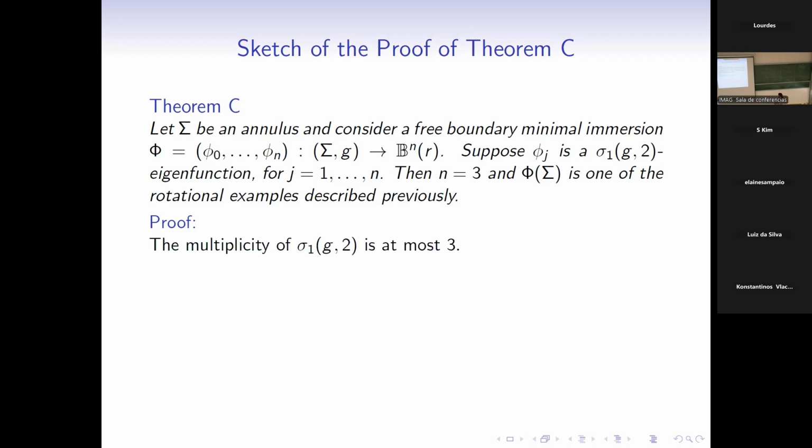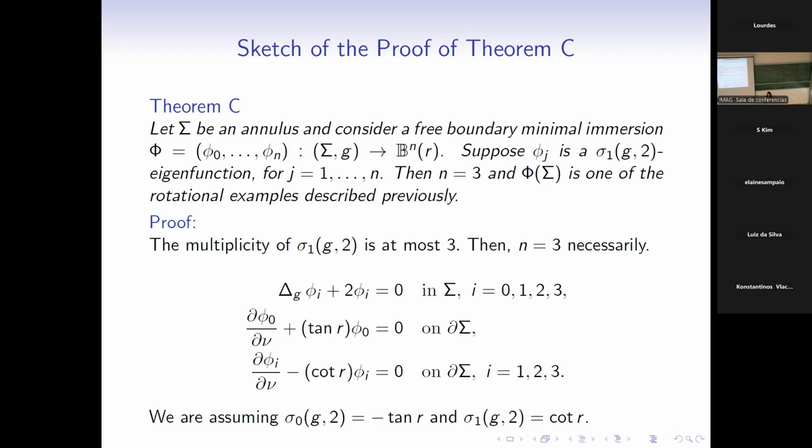So the first thing that we notice is that by this upper bound on sigma 1, we already conclude the dimension: we do have that n must be 3. And now our job is to show that, using that the coordinate functions give you that sigma 0 is negative tangent of R and sigma 1 is exactly cotangent of R, then we need to show that our surface is rotational. So how do we do that?